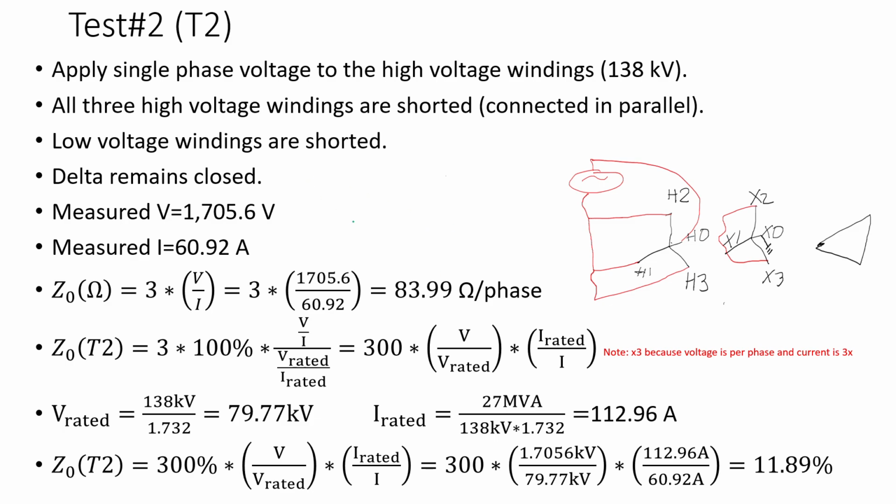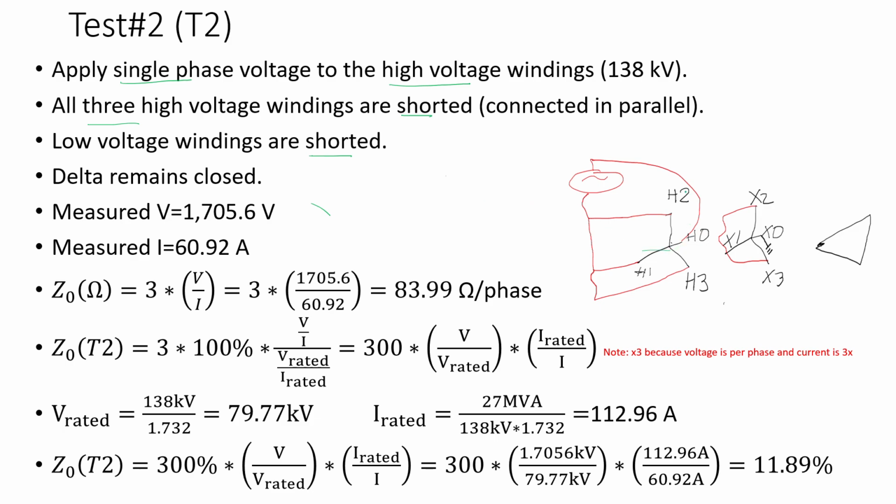So then I do the same thing for test 2. What is the definition of test 2? Again, apply single phase voltage to the high voltage. The high voltage windings are shorted, but the low voltage, instead of left open, this time they're shorted. So that's what I'm doing here.